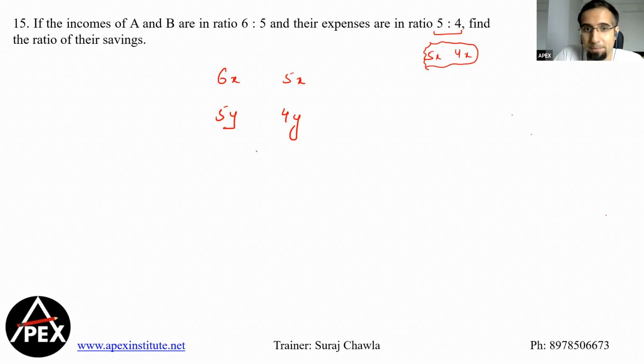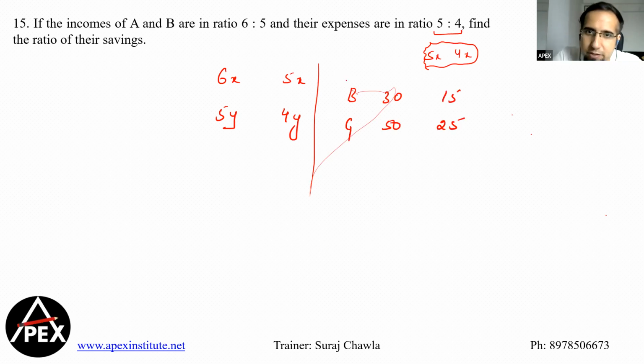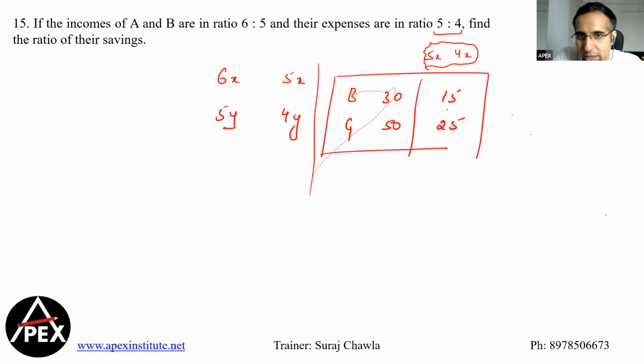Always remember that. Okay. I'll give you one more example, guys. Suppose I am saying boys and girls in a class. Let's say there are 30 boys and 50 girls, or there are 15 boys and 25 girls. What is the ratio, guys, here? In both the cases. Can you tell me the ratio here? Let's say this is class A and this is class B. So class A, I have 3:5, and class B also I have 3:5.